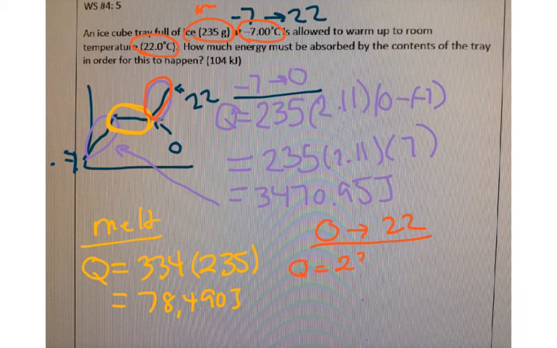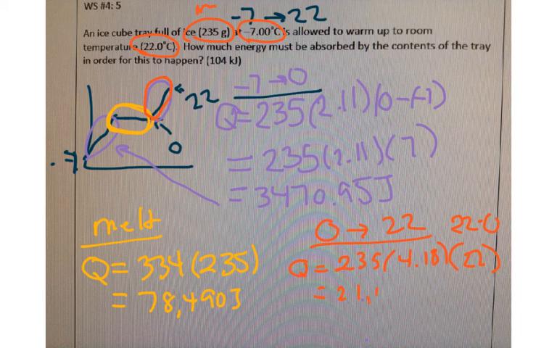And then my delta T is going to be final minus initial, so 22 minus 0, which is 22. Now I'm going to solve it, and I get 21,610.6.